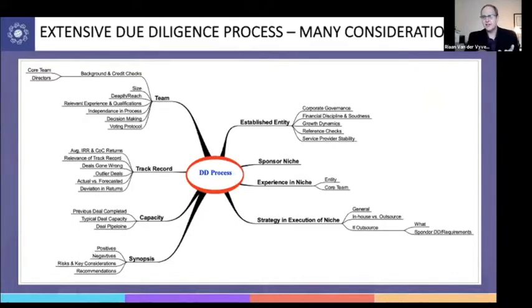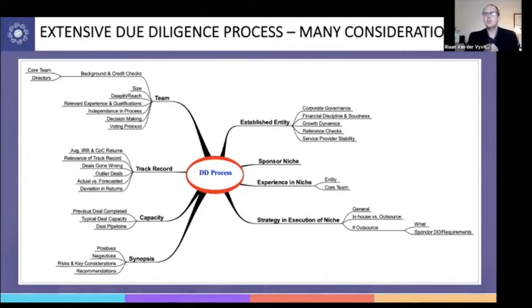Are there annual filings in terms of their company registration in place? Do they have good standing with the tax authorities? Because it's very simple. A sponsor is responsible to manage an SPV within which we invest. So if that sponsor doesn't have good corporate governance in their own business, there's a big risk that it's going to be the same in the SPV they're managing on behalf of our investors.